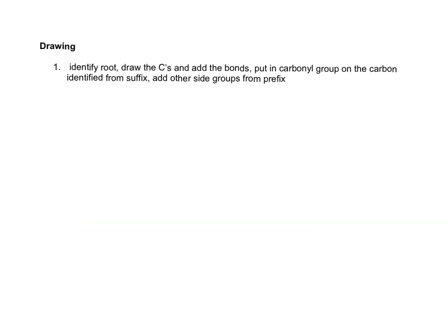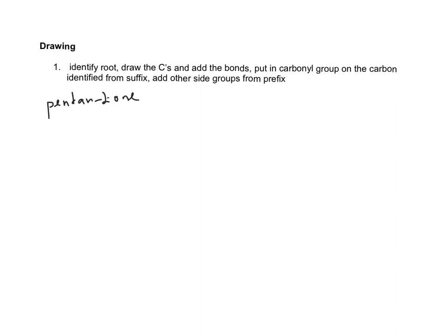So when you're drawing a ketone, identify the root, the longest continuous carbon chain containing the carbonyl group. Draw your carbons, add in the bonds, put the carbonyl group on the carbon identified from the suffix, and add any other side groups from the prefix. So maybe we've got pentan-2-one.